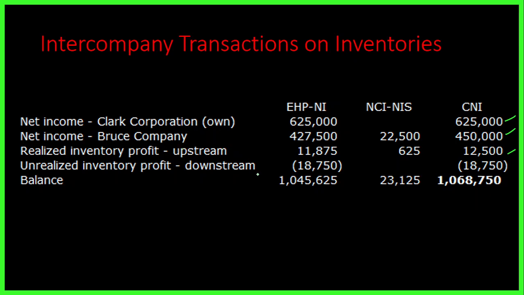The entire 18,750 was placed here under the equity holdings of the parent in the net income, because this is downstream. Basta pag downstream, dito lang siya lahat. Pero kung upstream, like for example, in this case, it will be distributed between the parent, EHP, and your non-controlling interest.